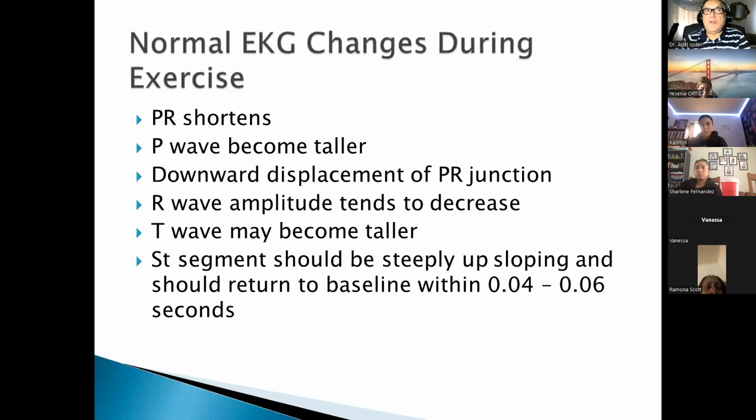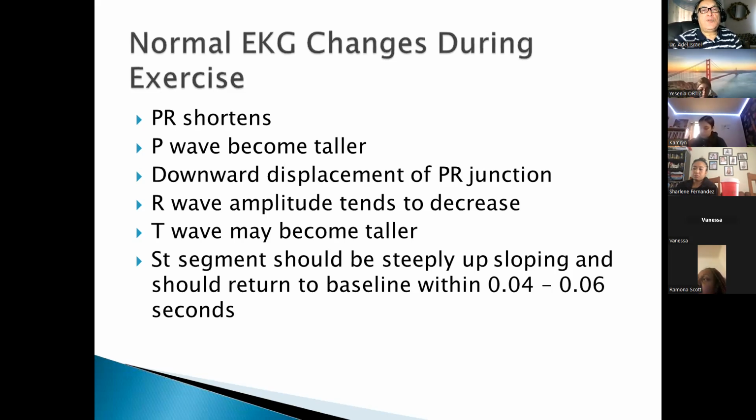Downward displacement of the PR junction, R wave amplitude tends to decrease, T wave may become taller, and the ST segment may be steeply up-sloping and should return to the normal baseline within 0.04 to 0.06 seconds.